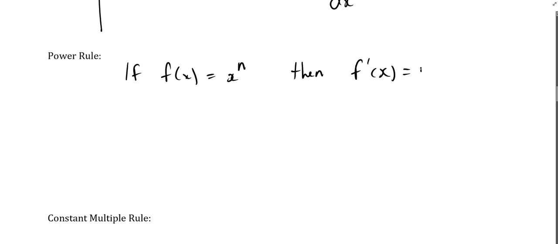Here is something new. This is big. Folks, this is big. First step into a whole new world. If my function equals x to the n, and remember today we're just talking about polynomials, then f prime of x equals n x to the n minus 1.